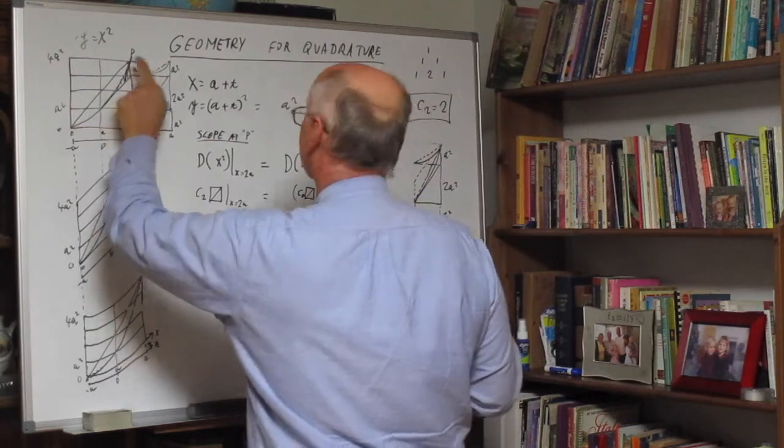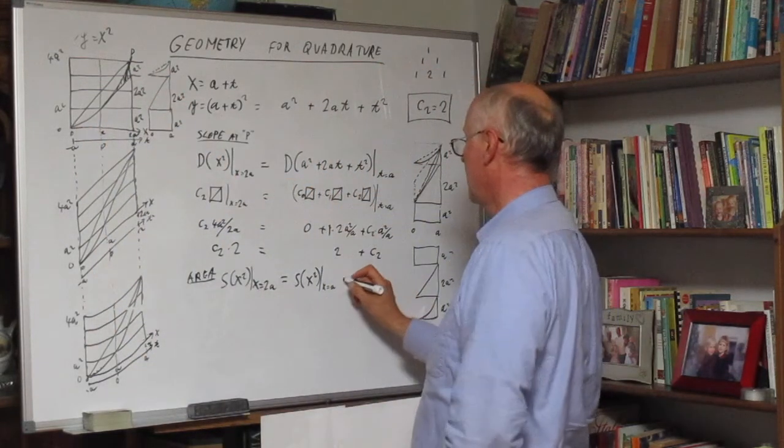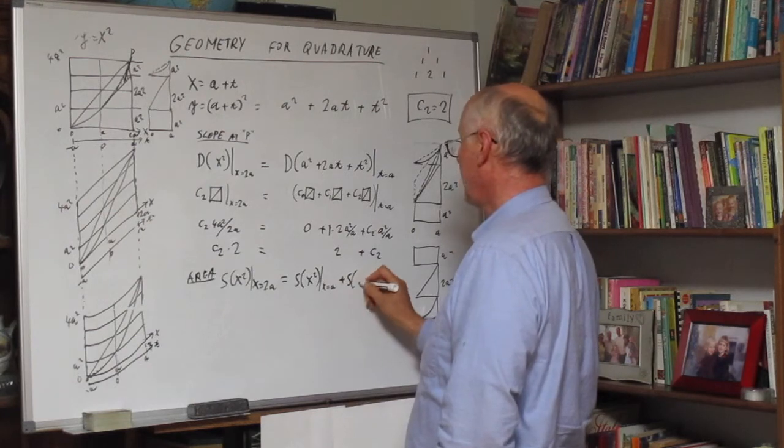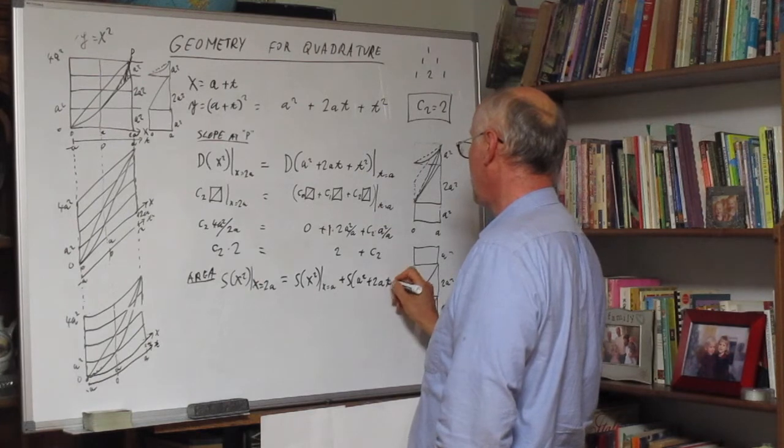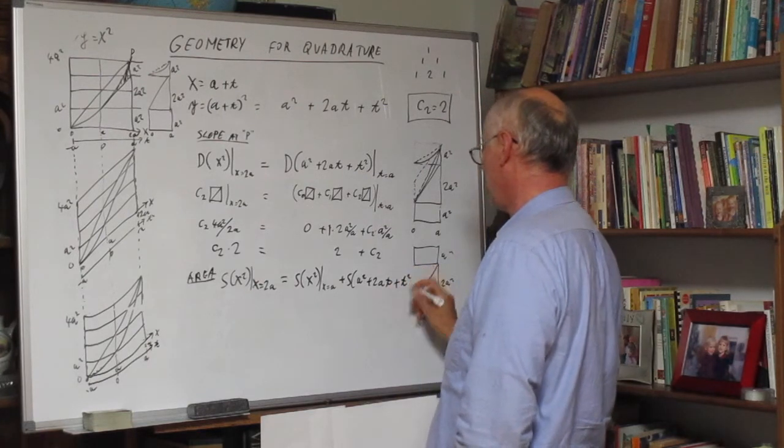And then these three areas plus the signed area of a squared plus 2at plus t squared, right?